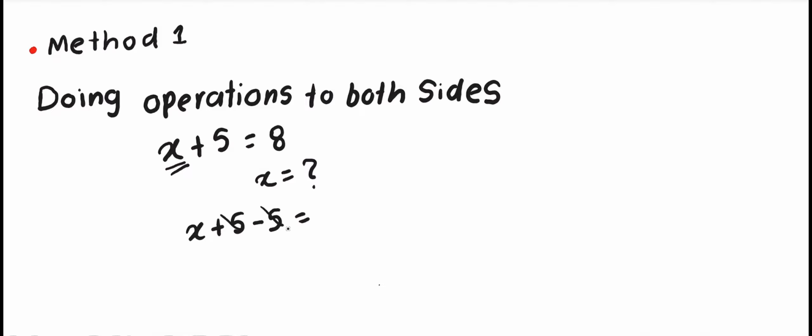I told you that an equation needs a balance. The right side and left side are equal. I told you to think of an equation as a balance weight scale. So if we do something to the left side, we need to do it to the right side as well. So we need to subtract 5 from the right side also. So 8 minus 5 is 3, so x equals 3.